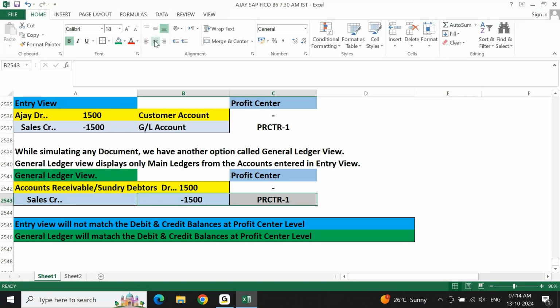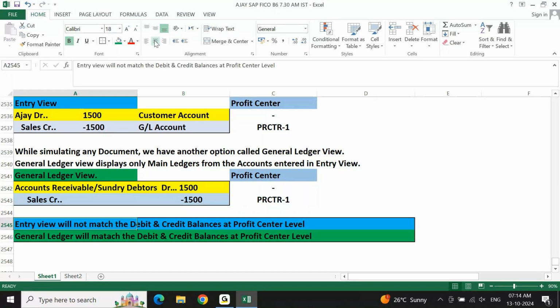If you are not able to match profit center wise balance, the accounting entry is not possible. The system will straight away throw an error stating the balancing field profit center is not filled. Whenever the system is unable to match or tally debit and credit at profit center level, that accounting entry is not possible in SAP. In any company, in any organization, it is not possible.